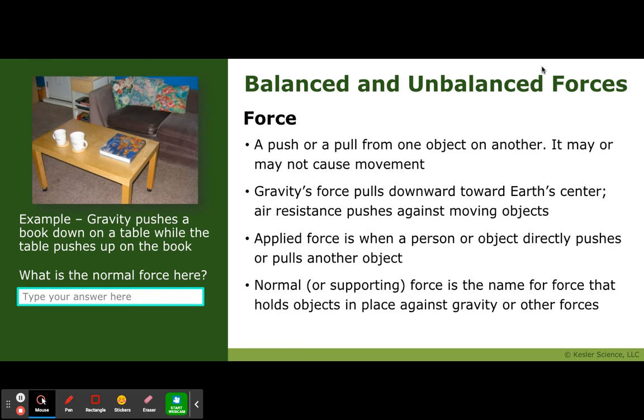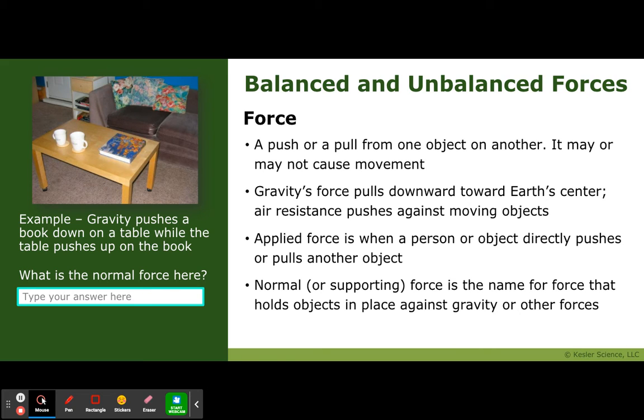On slide 3, it says a force is a push or pull from one object on another. It may not cause movement. Gravity's force pulls downward toward Earth's center. Air resistance pushes against moving objects. Applied force is when a person or an object directly pushes or pulls on another object.